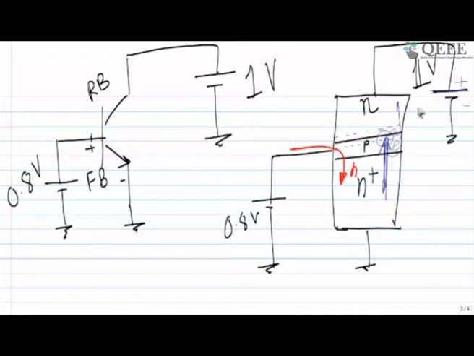And in the reverse of electron flow, we will have the current, and that current we are going to call IC, or the collector current.